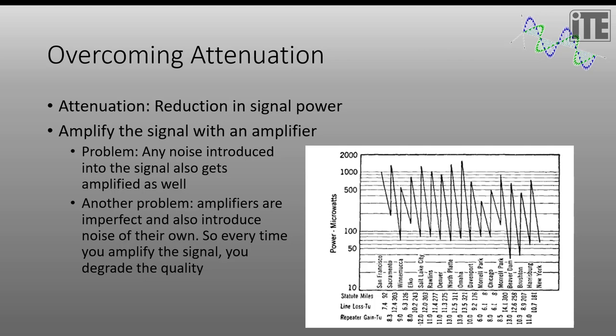So every time you amplify the signal, you actually degrade the quality slightly. And there is a thing called the noise figure associated with each amplifier. It's possible to make amplifiers very good, but they still introduce noise. And if we're sending a signal over many thousands of miles, like we've got in this diagram here, we will end up with a pretty ordinary quality signal at the other end.